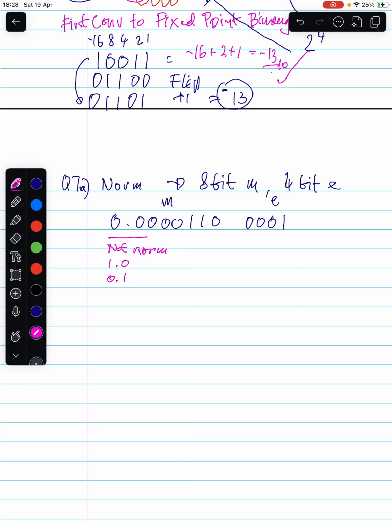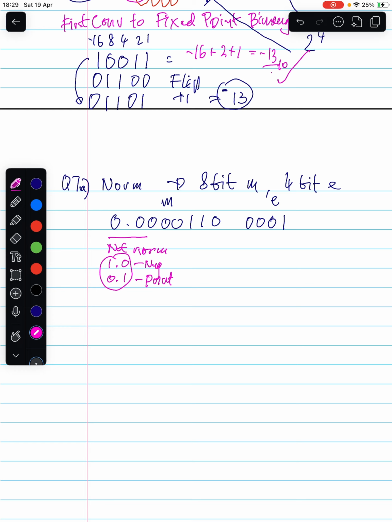A normalized number must start with either that. And by the way, this is a negative and this is a positive. That tells us whether the binary number, the 2's complement number, is negative or positive. It's a trick, and something very useful.